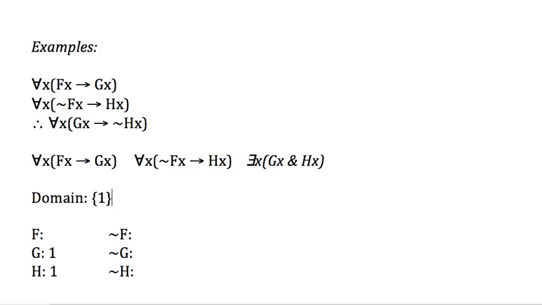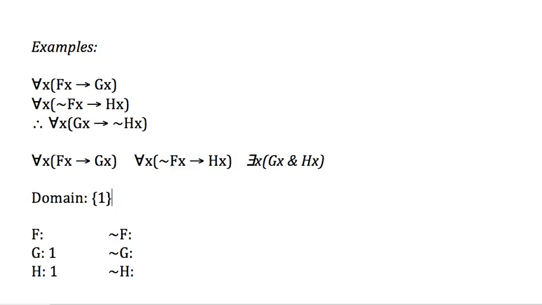Now, in a full interpretation, we'd say what the predicate F referred to. And it's okay to go ahead and do that, but since all we're interested in here is constructing counterexamples, we know it won't matter.